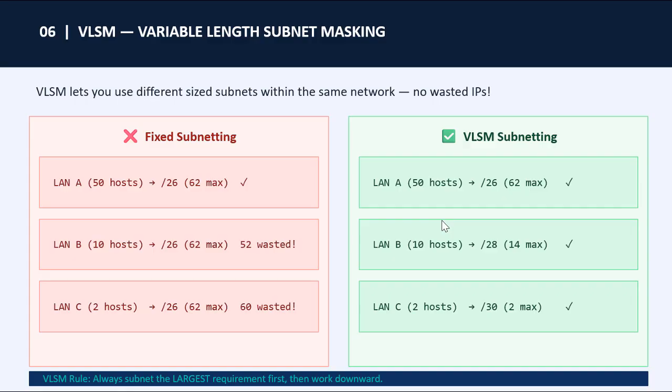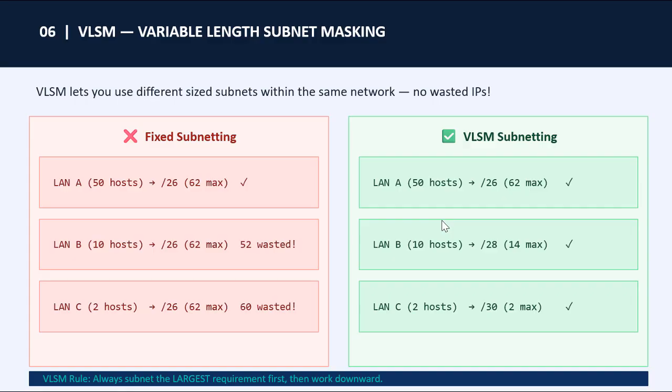So VLSM solves this by letting you use different prefix lengths for different subnets. For example, LAN A gets /26, 62 hosts, perfect. But LAN B gets /28, which is 14 hosts, which is more than enough.